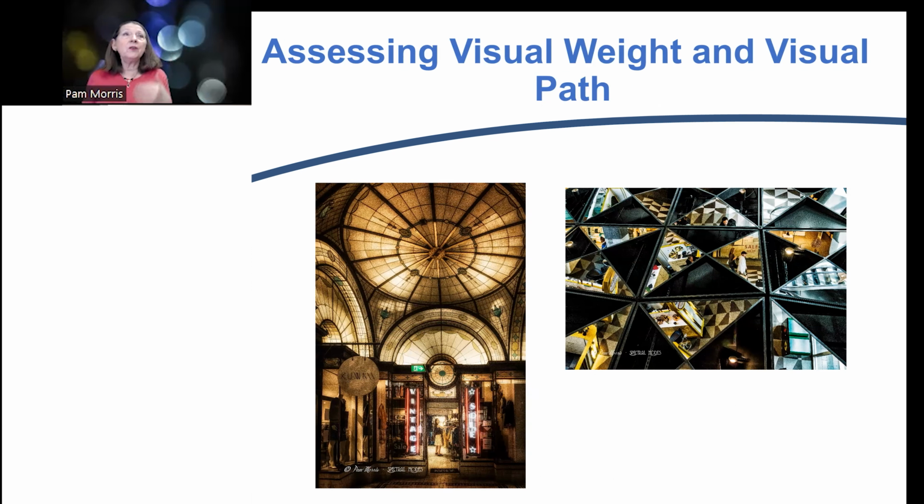So whenever you're looking at images, just look at the parts of them that contribute to the visual weight. And you can see on the one down the bottom here, the red in the sign really contributes to the visual weight. The regular circles have a lot of visual weight. So why does the image work?